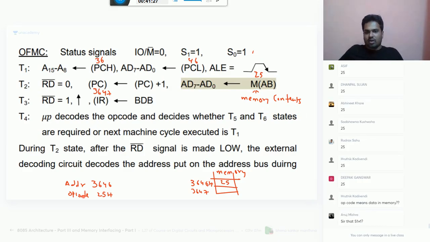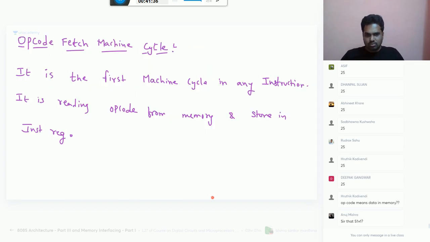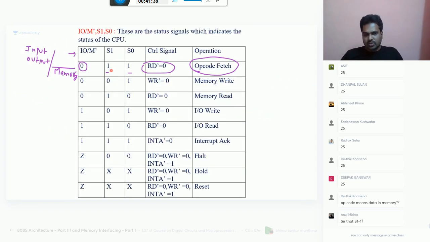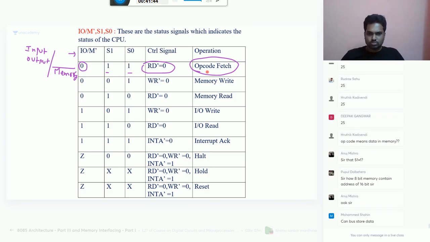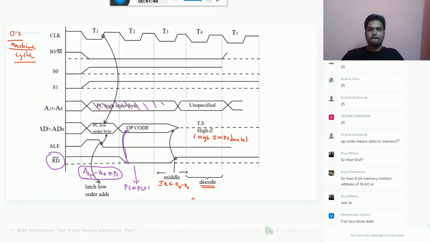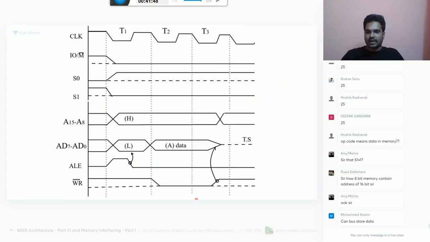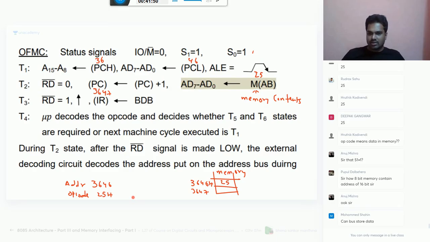Yes, it is in the form of data, right? Correct, Ritik? I told this yesterday, Anuj. See this table. S1, S0 will be 1, 1 during opcode fetch. Address and data do not have any relation, people.